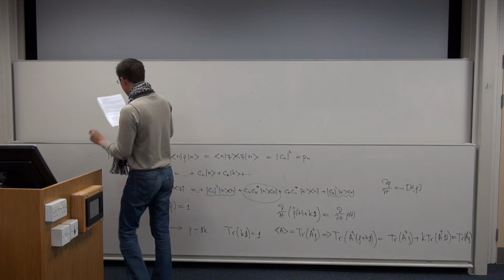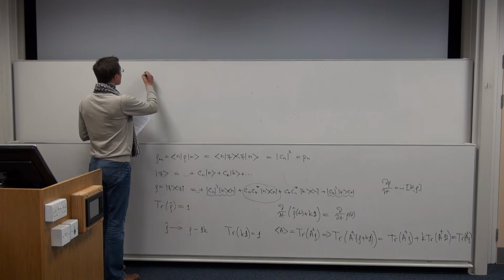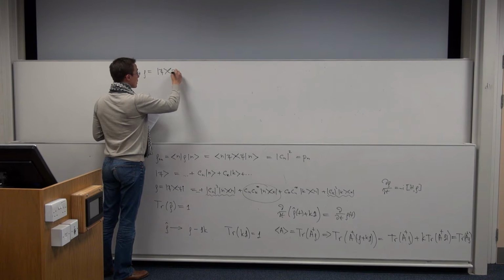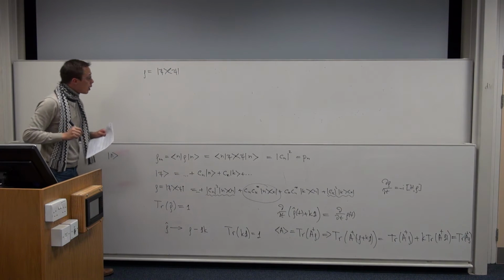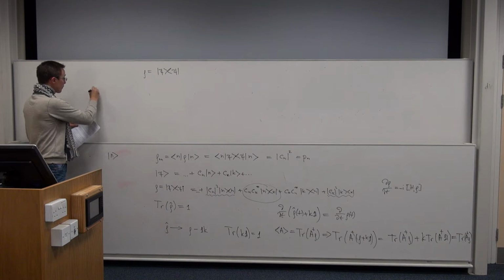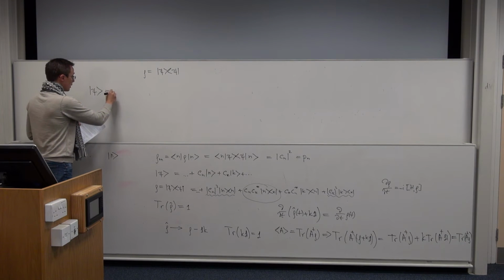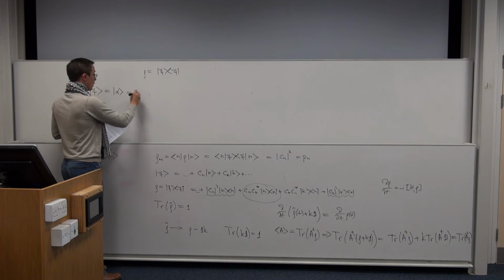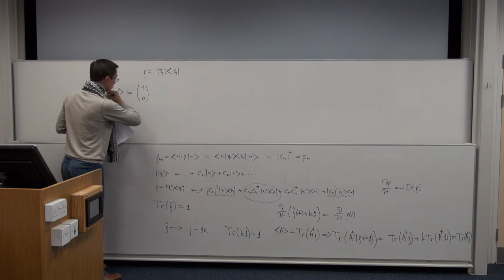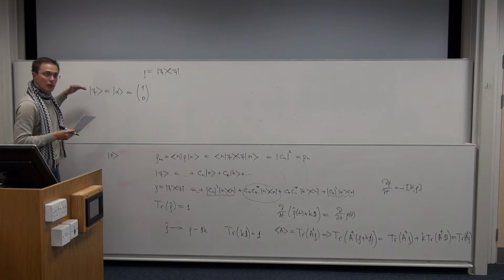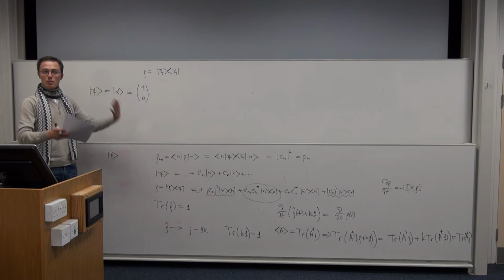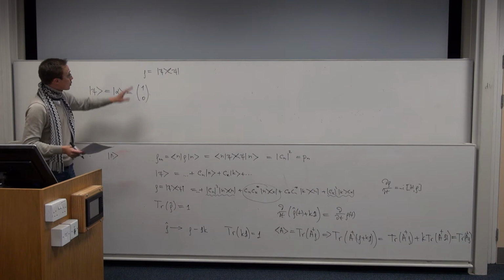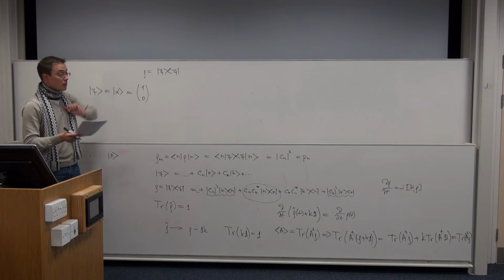So, say we've got our density matrix, rho equals psi psi dagger, and let us say our wave function psi is spin up, alpha. That is 1, 0. And that is clearly a situation in which the system is magnetized along the z-axis. Let us now take a look at what the corresponding density matrix will be.